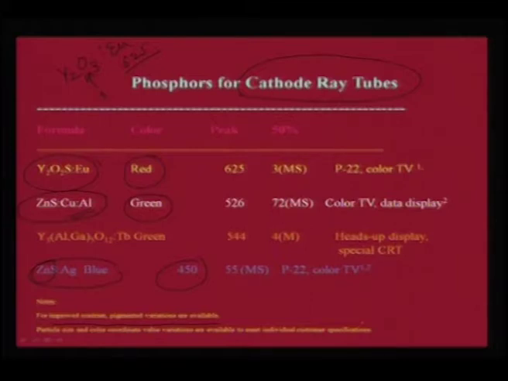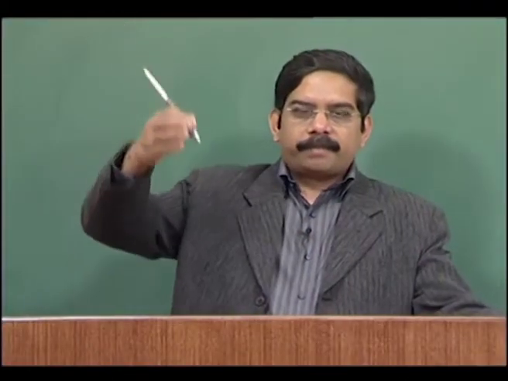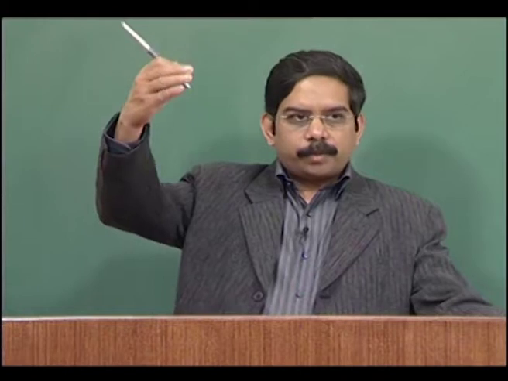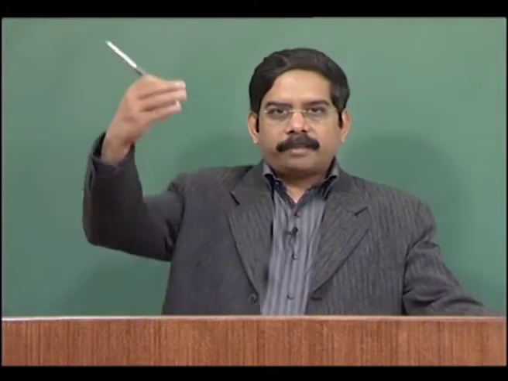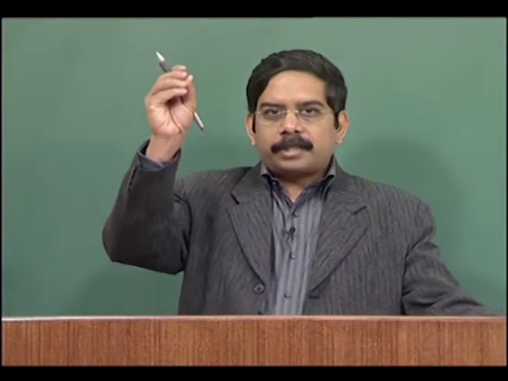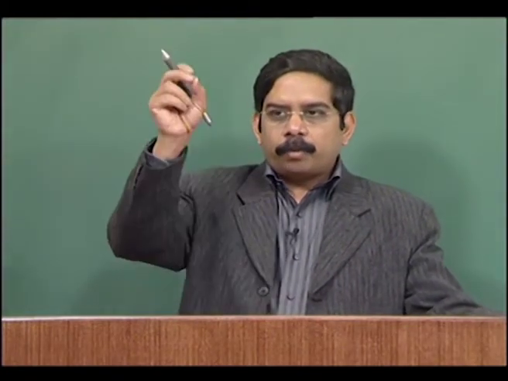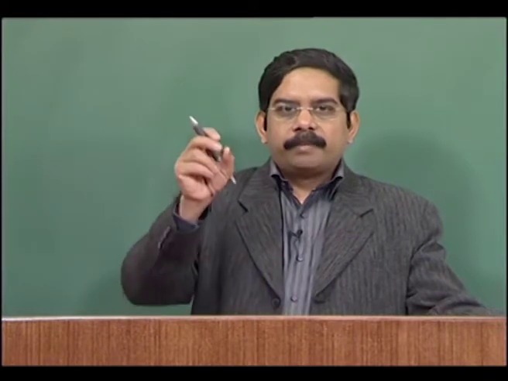As I told you in one of the earlier slides, I talked about the strands of red, green and blue phosphors which are coated on the front panel. Therefore, if you want to make such sleek and very narrow width of these phosphor stripes, then the particle size of the starting material is important, because you need to make a blend and then burn it carefully to make such very sharp strands of phosphors.